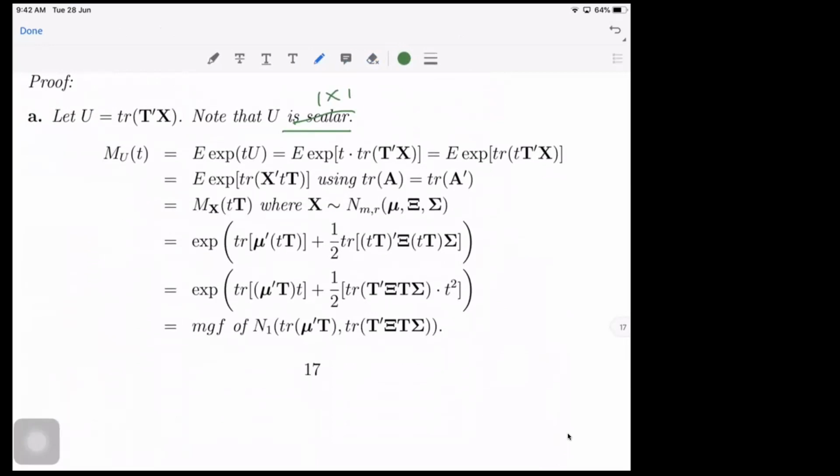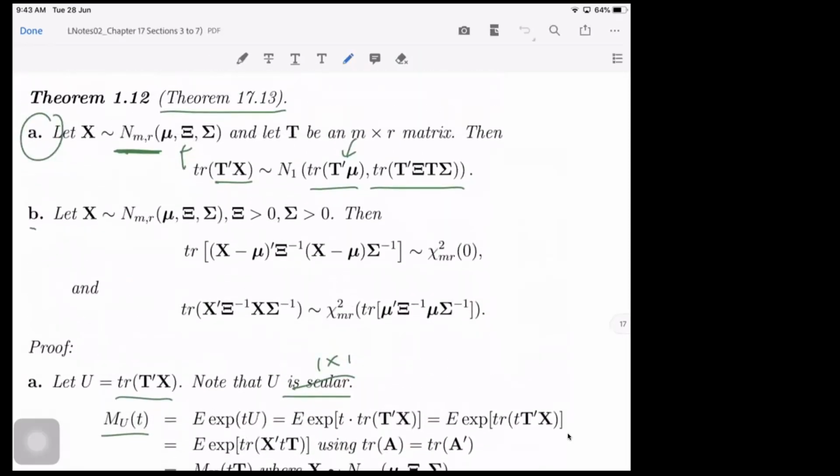So let U be the trace of T prime X. We are trying to look at the distribution of the trace of T prime X. So we have to look at the moment generating function of U, because moment generating function is distinct. So kung kana ang iyang moment generating function, related na siya to a distribution. Okay? Note that X here is normal by assumption.